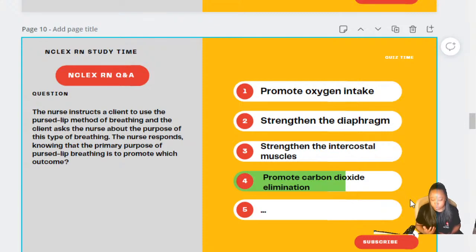So in order to get rid of the carbon dioxide, they have to do pursed lip breathing. They have to breathe slowly, and take a position like this, so they can do the pursed lip breathing. Okay, that will facilitate the maximum expiration, and then the client who has an obstruction of the airway will be able to breathe better.